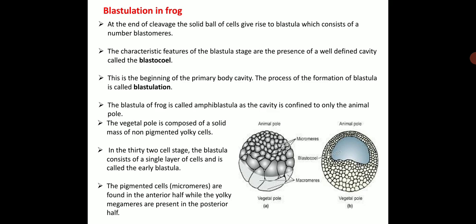In the 32 cell stage, the blastula consists of a single layer of cells and is called the early blastula. The pigmented cells, that is micromeres, are found in the anterior half, while the yolky megameres, that means the larger cells, are present in the posterior half.